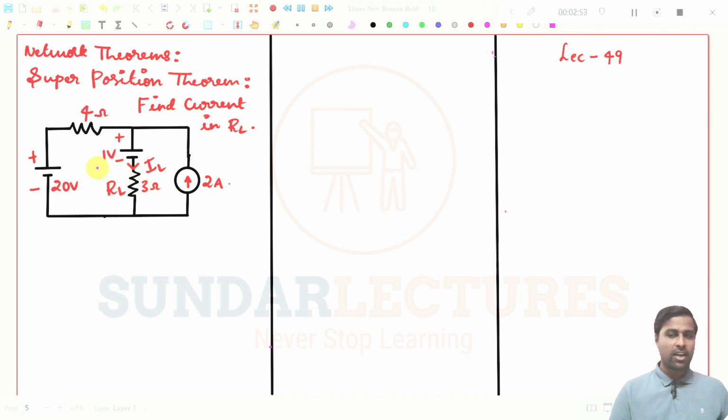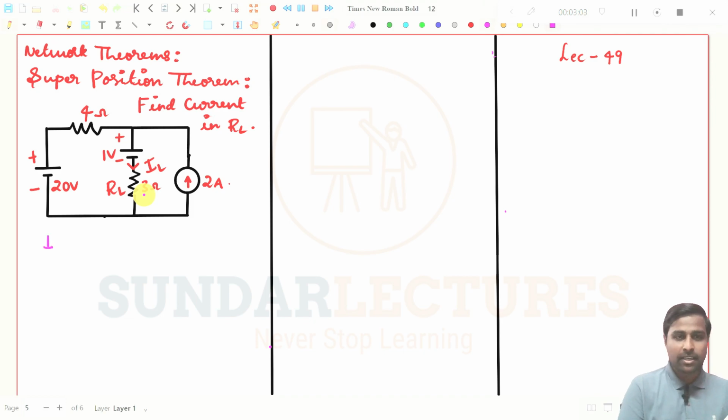First of all, I will write the formula to find the current in this 3 ohm resistor. IL is equal to I by 20 volt plus I by 1 volt plus I by 2 ampere source.